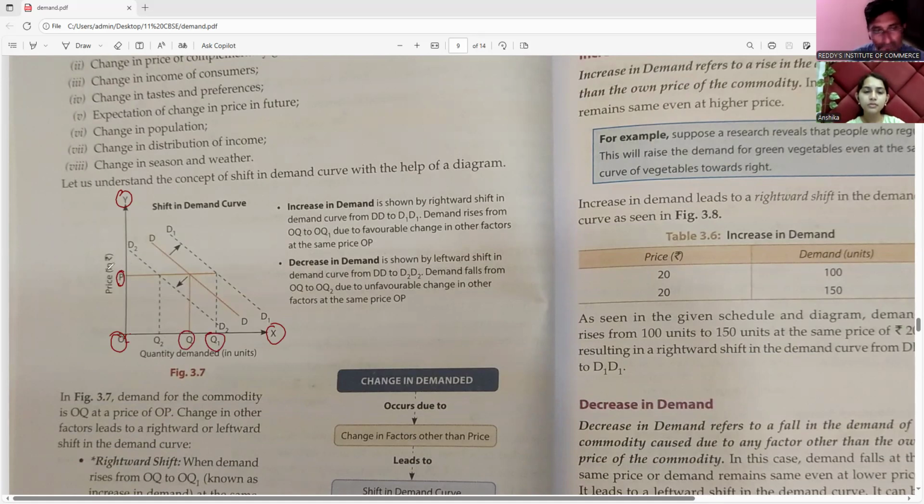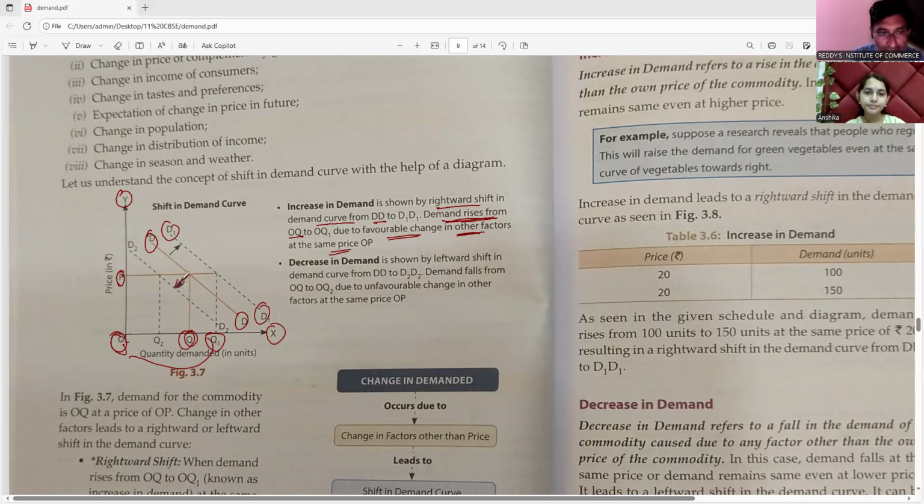When the demand increased, it is shown by the rightward shift in the demand curve from DD to DD1. Demand rises from OQ to OQ1 due to favorable changes in other factors at the same price, right?